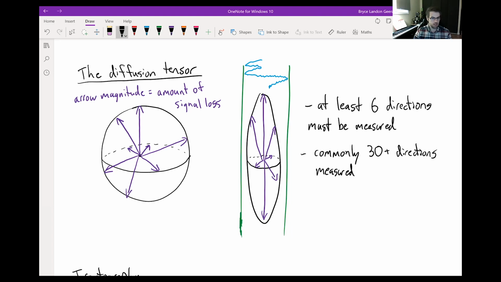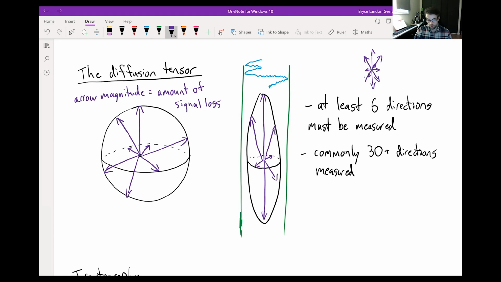So with 6, you really only get the primary directions of that ellipsoid, both positive and negative. Basically your axes, right? X, Y, and Z axes, both positive and negative, that's 6 directions. But that doesn't tell you as much information as measuring along the diagonals does.